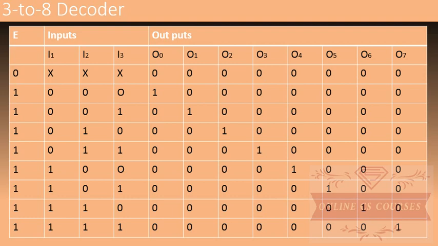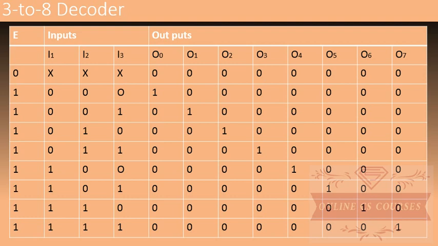If we have 0 enable line, then the decoder will be disabled and no operation will be performed by the decoder. If we have 1 enable line, then the decoder will perform its operation.